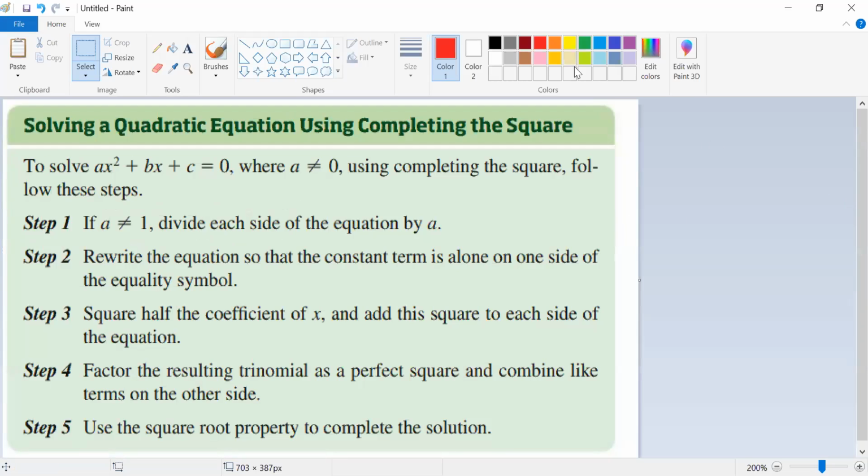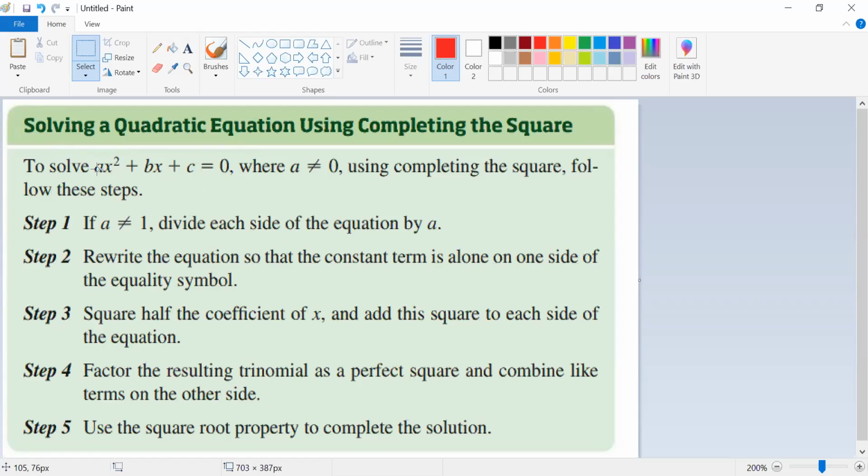Solving quadratics by completing the square. So these are the steps. I'll talk about them briefly. But unfortunately, just looking at a bunch of steps, it's not like suddenly I know how to do it. Maybe you've dealt with completing the square before, which is good. In the ideal situation, your quadratic is going to have a 1 in front of the x squared.